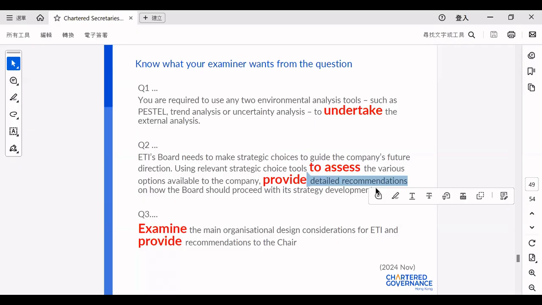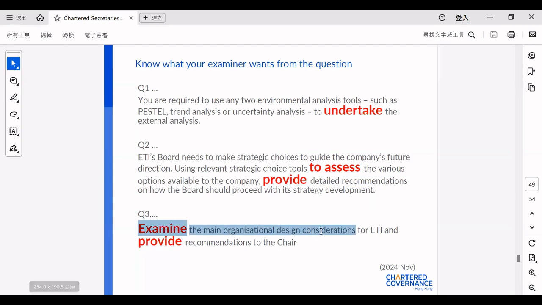So your recommendations must be realistic and more practical, to justify your recommendation. Sometimes it could be justified based on the SWOT analysis or some other analysis. So it's up to you to use whatever analysis to justify your conclusions.